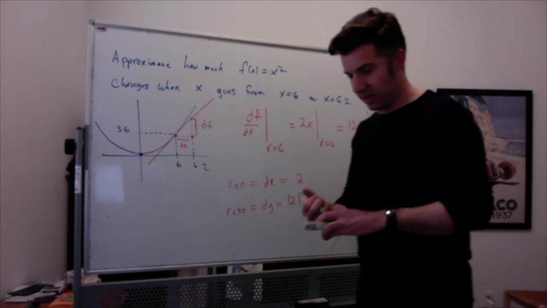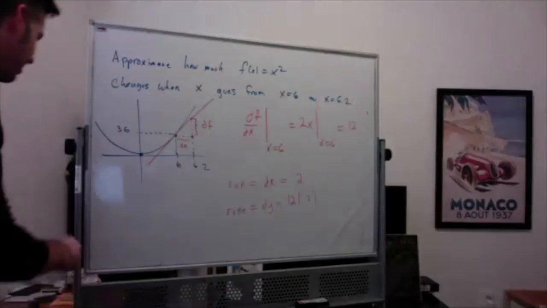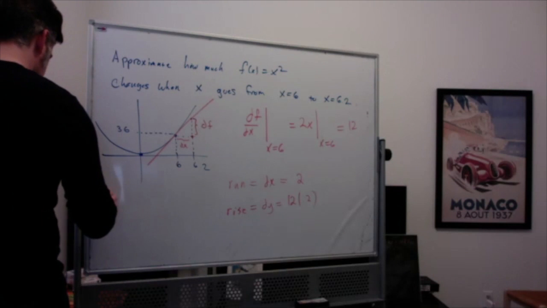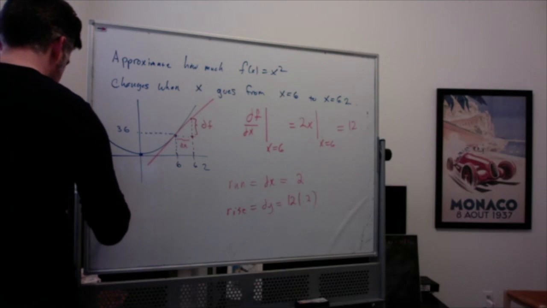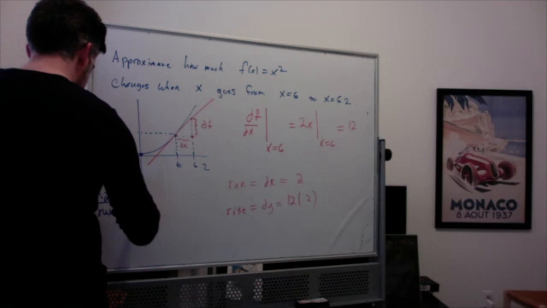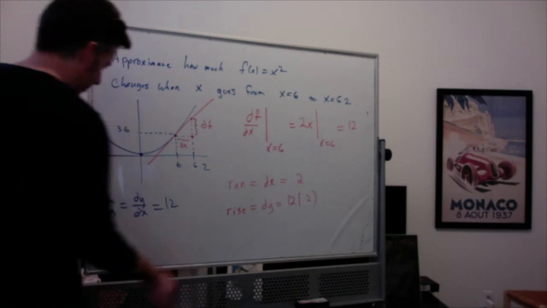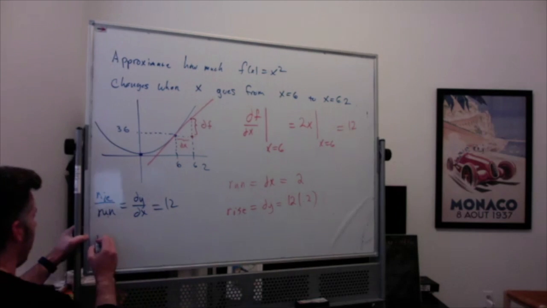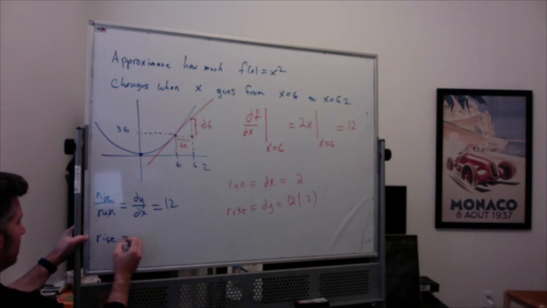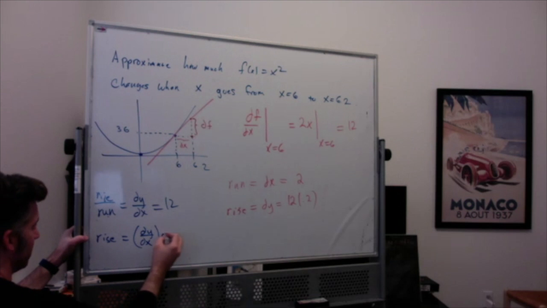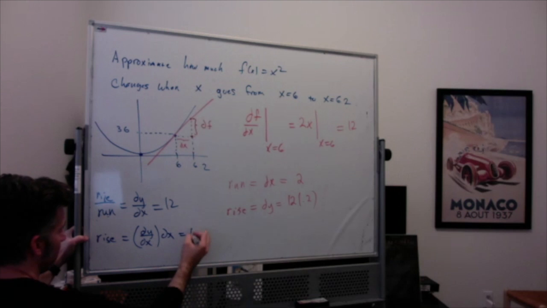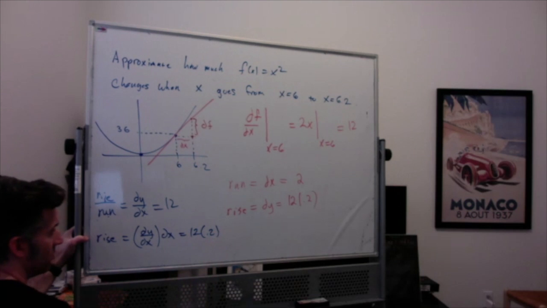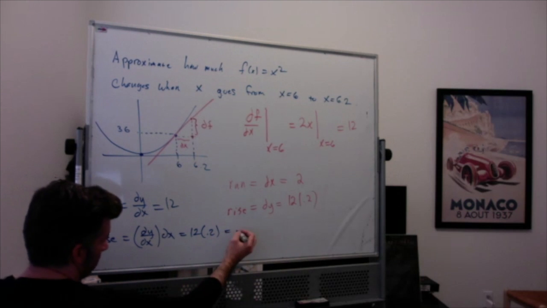And the reason for that is really because of this. Rise over run is dy dx, which we just said was 12 for this particular part of the graph. So if I'm just trying to find the rise, I can say that the rise is equal to dy dx times dx, which is 12 times 0.2, which is going to be 2.4 in this case.